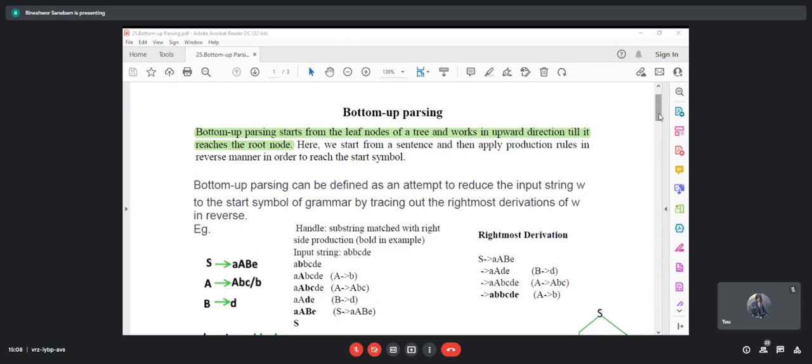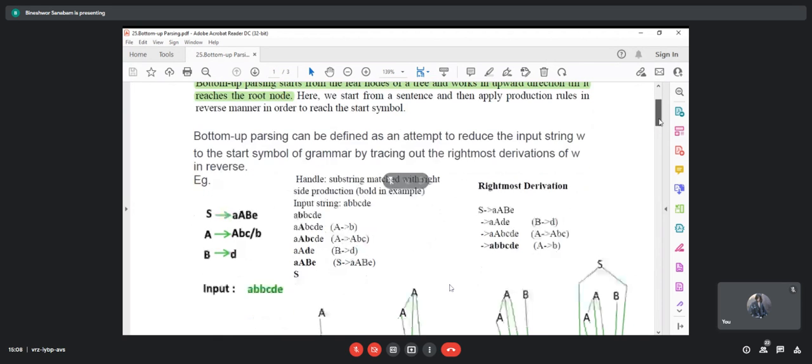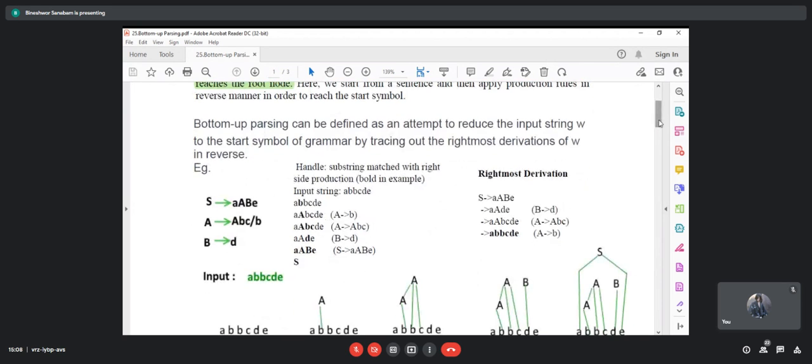We can say that bottom up parsing follows the rightmost derivation in reverse order. So bottom up parsing means rightmost derivation in reverse order.